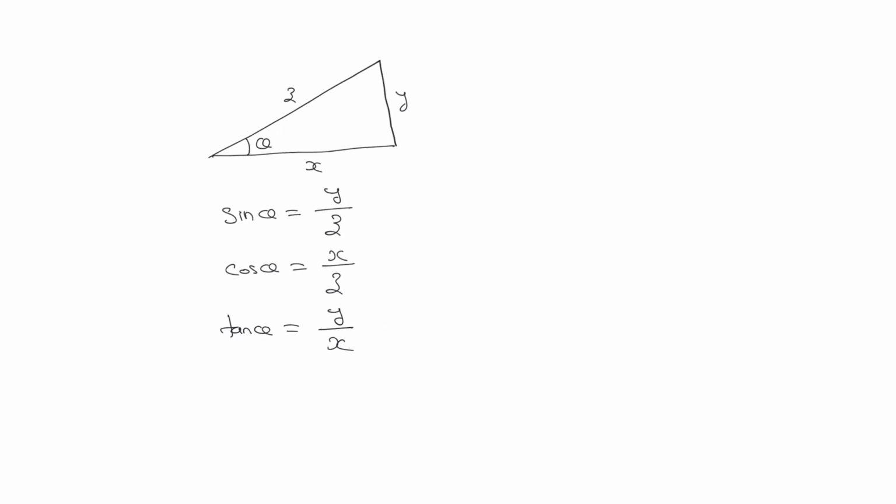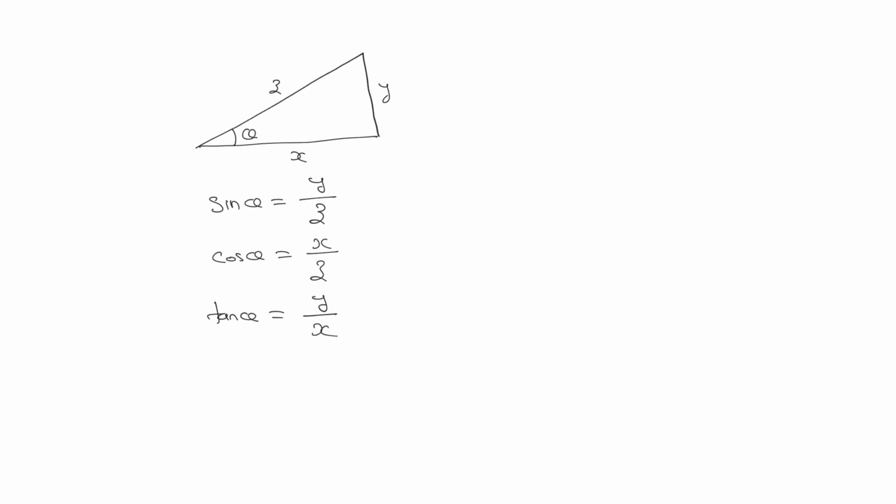Now we are considering a situation. Along with that, just remember what we mean by theta also. What is the definition of theta or angle? The definition for angle is that angle theta is equal to length of arc divided by radius. Now we'll discuss what we mean by length of arc divided by radius.